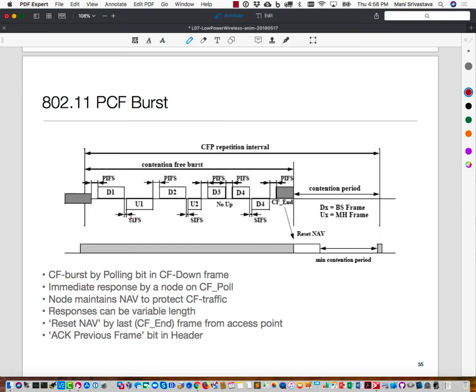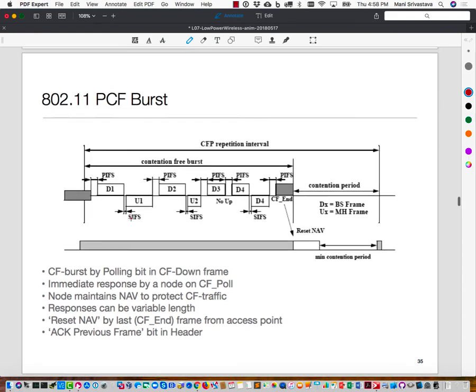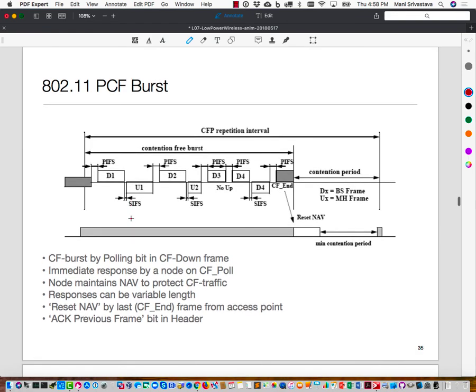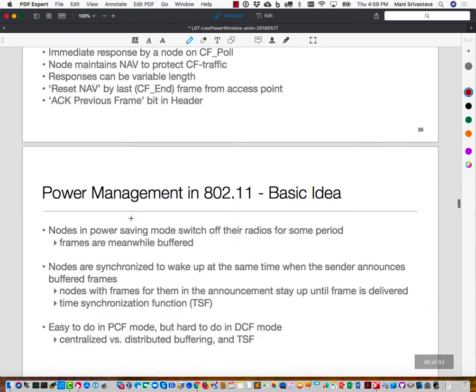So everyone who is participating in this mode wakes up at the beginning, listens for this transmission, and when their turn comes, they wake up again at the right time. There are many ways you can structure this thing, but the main thing is that transmission is very regimented in terms of time during this period. Rest of the terminology you can kind of not worry about on this slide.